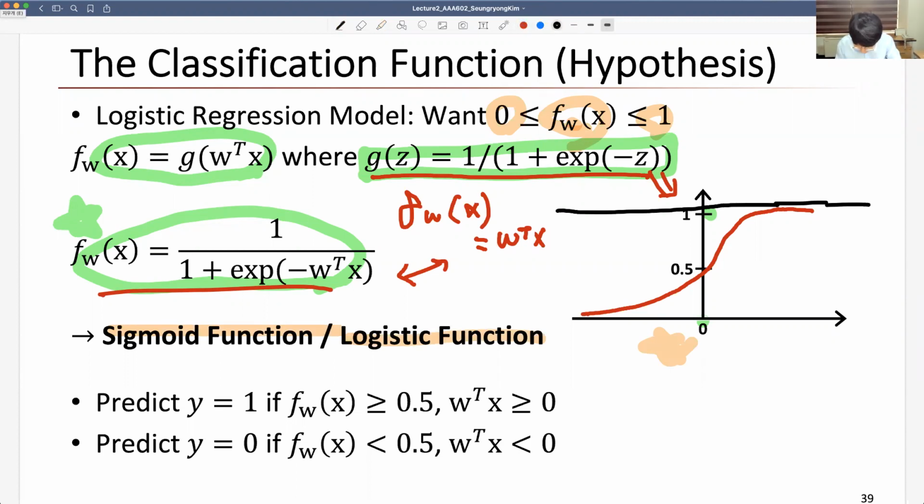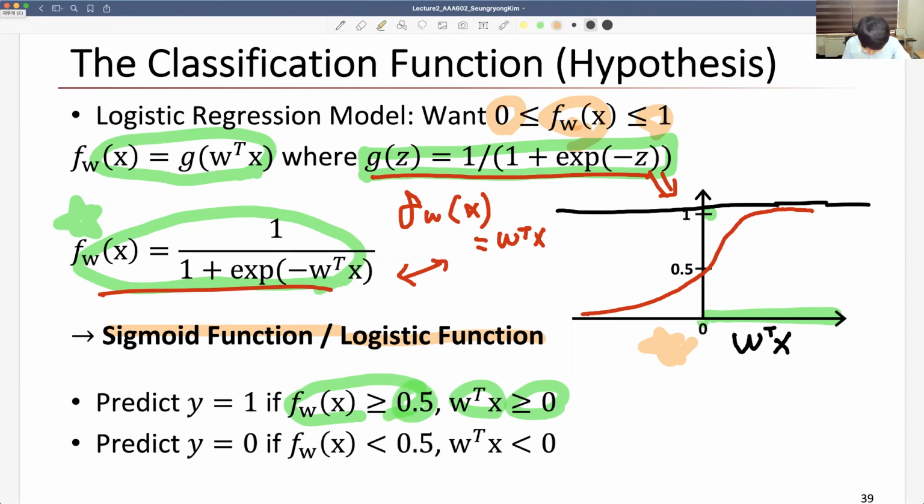So in this case, W transpose times X will determine the output of this mapping function. For example, if W transpose times X is larger than 0, then F of X is larger than 0.5 as well.